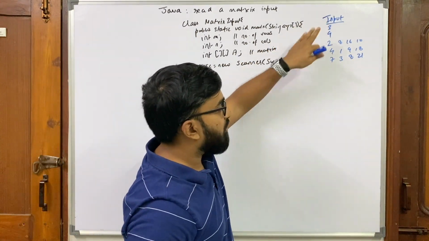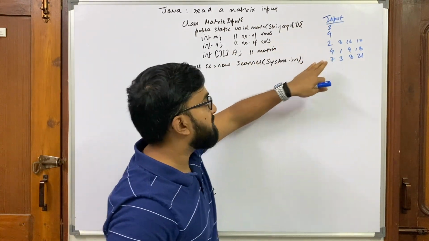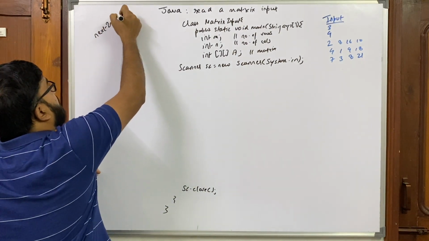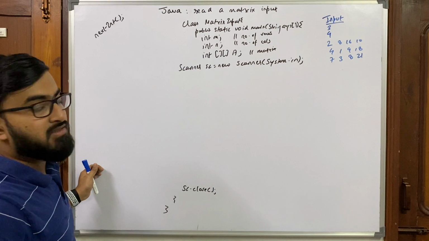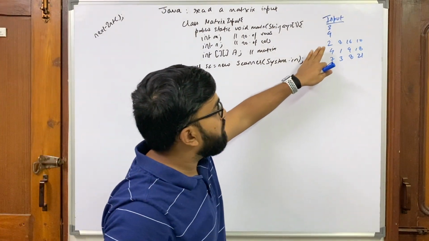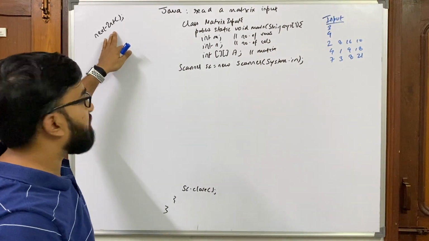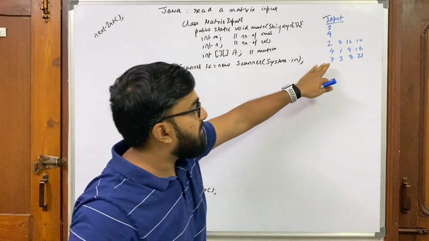Since in this input I have space separated integers, I am going to use the nextInt method of the Scanner class. I could use nextLine or next as well, but nextInt is the most convenient way to read this matrix into a program.